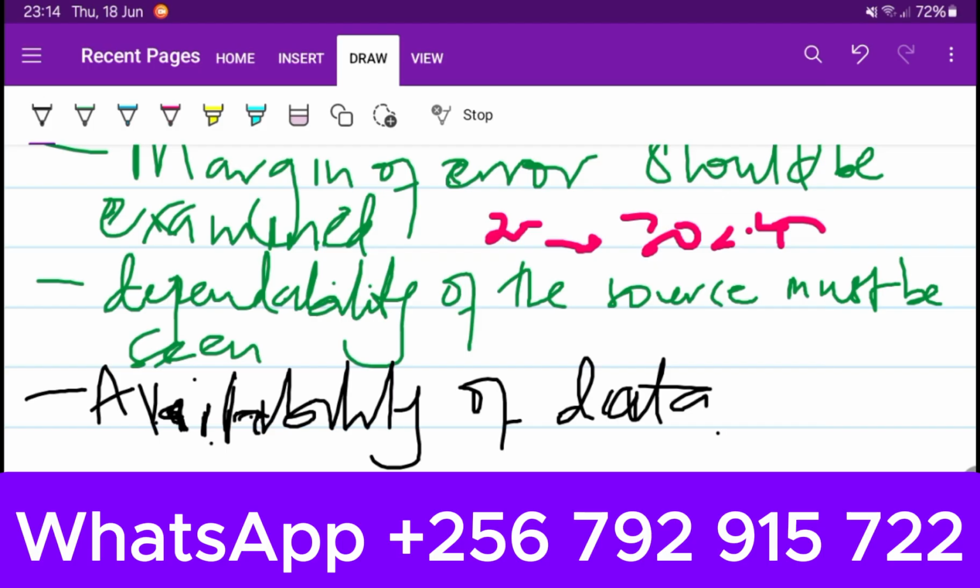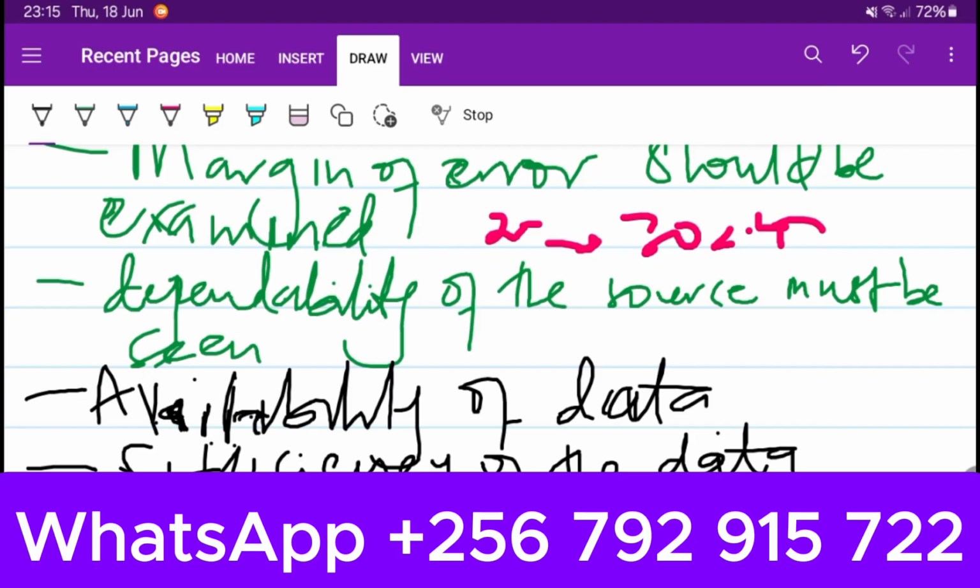Of course, the last one is the sufficiency. The data might be available, but it's not sufficient enough for you maybe to use it. So sufficiency of the data. Of course, the data has to be adequate and available.